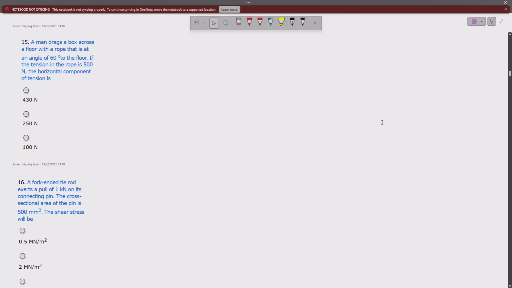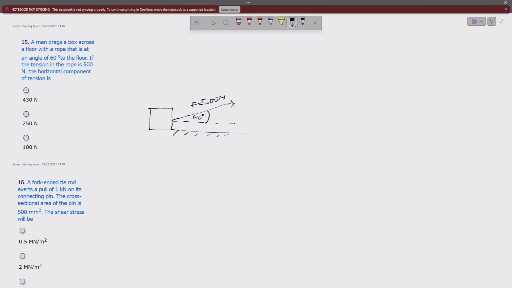Question number 15. A man drags a box across a floor with a rope that is at an angle of 60 degrees to the floor. If the tension in the rope is 500 newtons, the horizontal component of the tension is... So you have to resolve these forces. If you want to resolve this force to the horizontal, you use the cos.